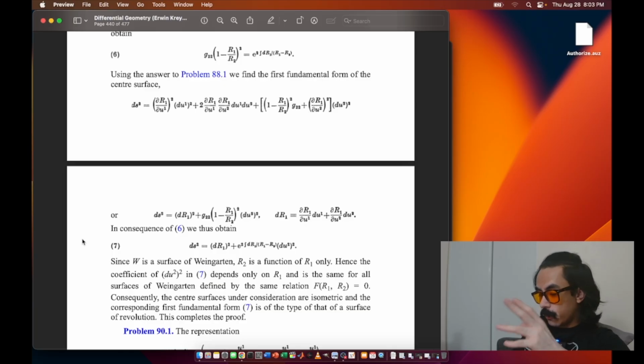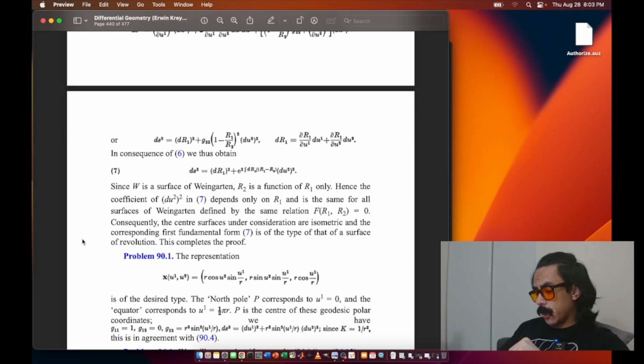So another way of saying the first fundamental form of the center surface, we can have ds squared equals dr1 squared plus G sub 2 2, then times the quantity 1 minus R1 over R2 closed quantity squared, then times du2 squared, and dr1 is equivalent to partial R1 partial U1, then times du1 plus partial R1 partial U2, then times du2.